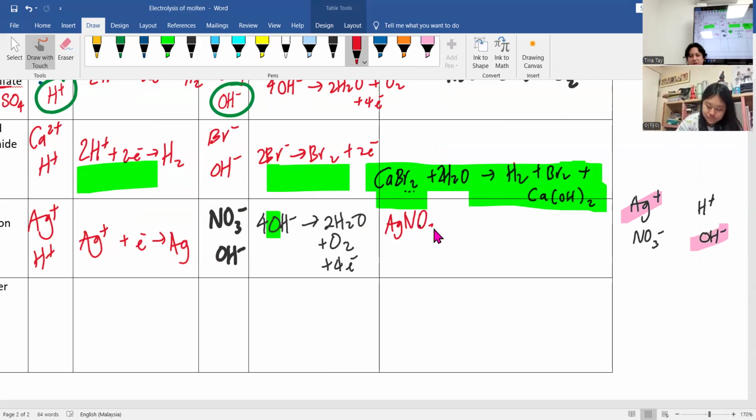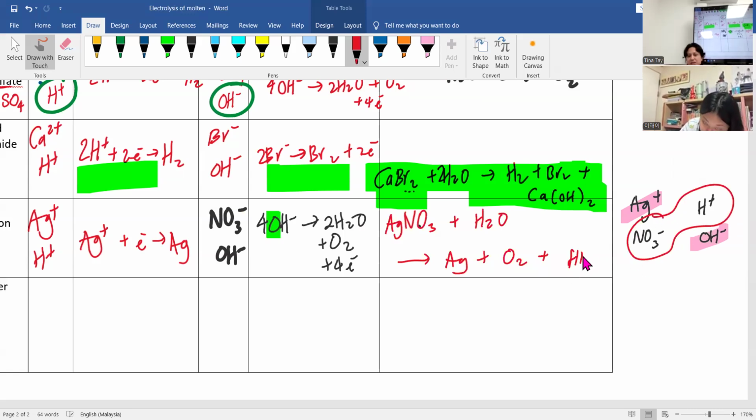So silver nitrate plus water becomes silver plus oxygen. Who is left over? HNO3. Balance the equation. 2, 4, 4, 4.